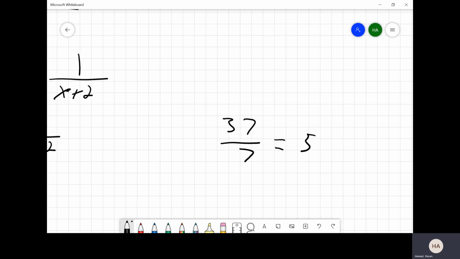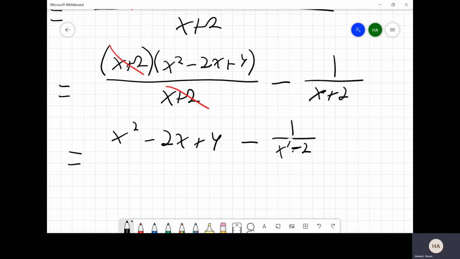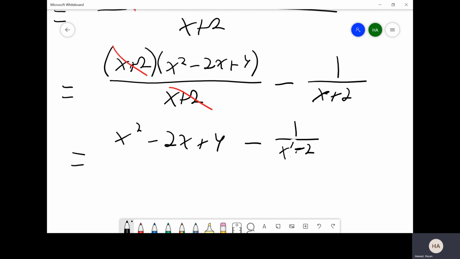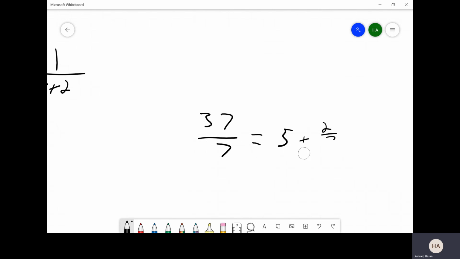So you know that you're going to get 5 and some remainder, so something left over, right? So 2 over 7. So the idea is going to be the same with polynomials, and we see that in this case right here, where it's not going to go cleanly into it, right? You're going to always have something left over. So that is the case.